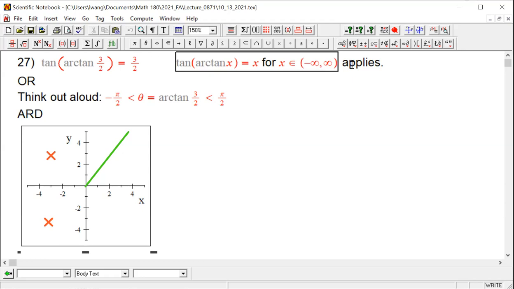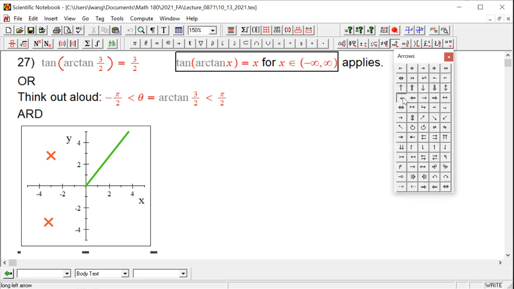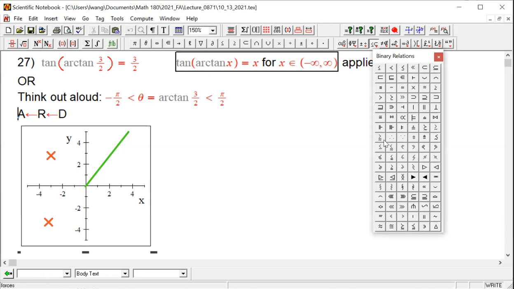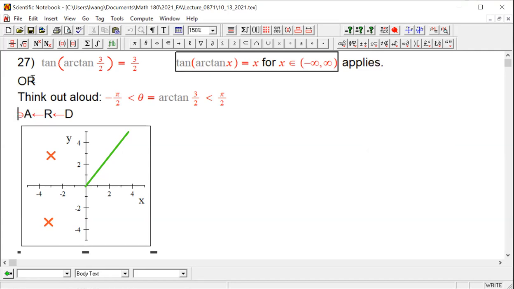we know the D. I want you guys to see with a clear eye what you have and what is to be found, right? We're looking for the angle, but this angle in this case has to be between negative pi over 2 and pi over 2.